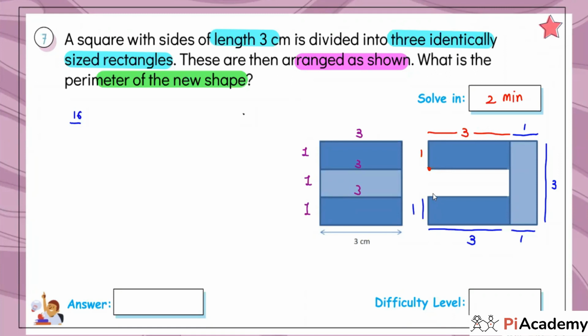This one 1 centimeter. Now we have to take care of this inner side as well. So this is 3 centimeter, this is 1 centimeter, and this is again 3 centimeter, right? And we are at the end of this point because we started with this point and are ending with this point. So always choose one point, okay? Whenever we have a complicated shape, choose one point and accordingly you can start adding.